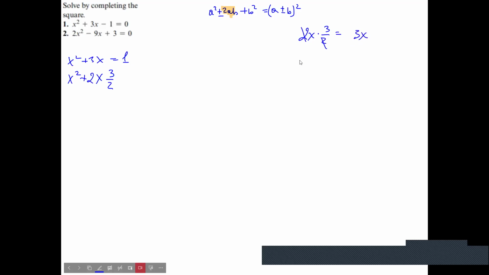I have 3x, right? So basically, I create a fraction to eliminate 2. That's the manipulation here. Why? Because I need 2 for 2. X stands for A. 3 over 2 stands for B.